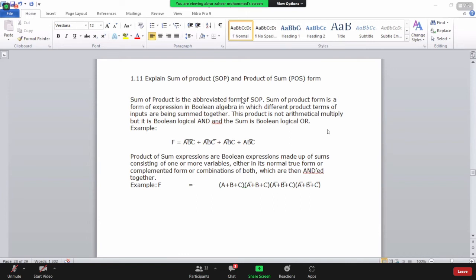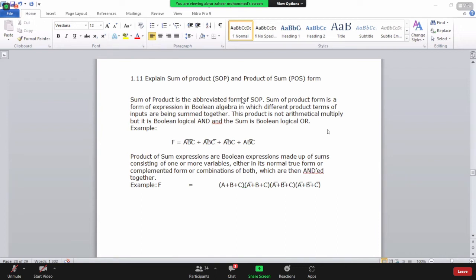And what is product of sum? The product of sum expressions are Boolean expressions made of sum terms consisting of one or more variables, either in normal form or complemented form, or a combination of both. So here the sum terms are A plus B plus C. Okay.